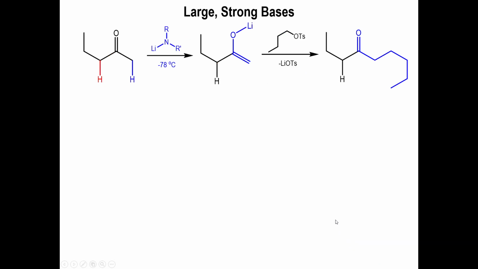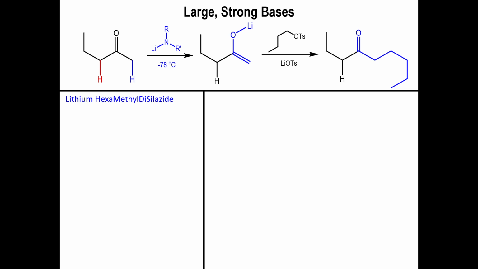All right, so as far as bases go, one thing that I should highlight is that you have options as to what kind of bases you could use. They're going to be all nitrogen based, but I just want to make sure that we know of the bunch. So there is lithium hexamethyldisilazide, which I mentioned already, and that's basically the amide in which you have connection to two silyl groups, two trimethylsilyl groups specifically.